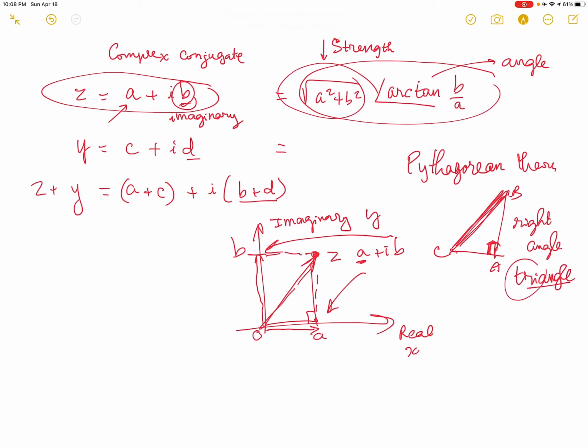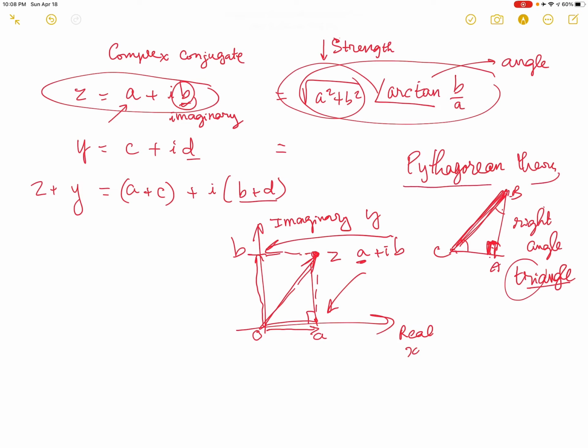Triangle, tri meaning three, meaning it has 1, 2, 3. So this shape is called the triangle. A right angle triangle is a triangle, meaning it has 3 sides or 3 peaks, but with a right angle, and that is called the right angle triangle, right?